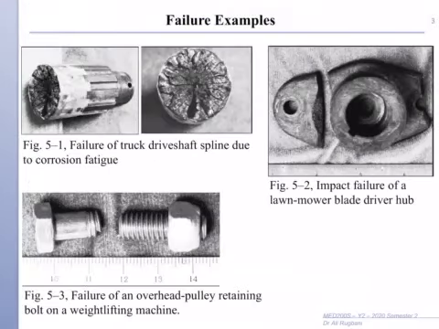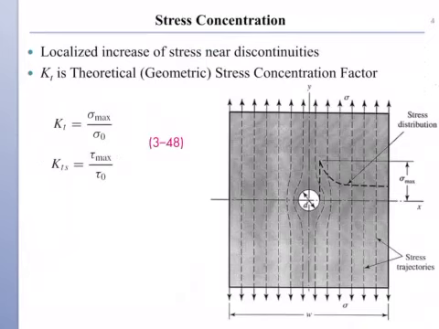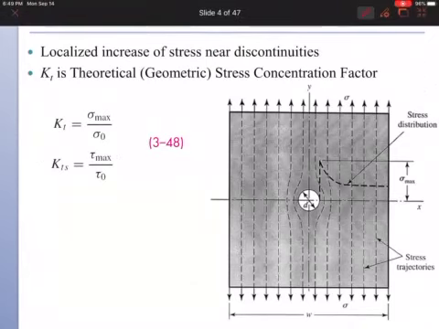Okay, so this is just failure examples. I'll skip that. So this is the stress concentration. When you calculate stress, let's consider this cross section here. In this cross section, stress is equal, doesn't change. I mean, you calculate stress at any location, it will be the same, load by area.